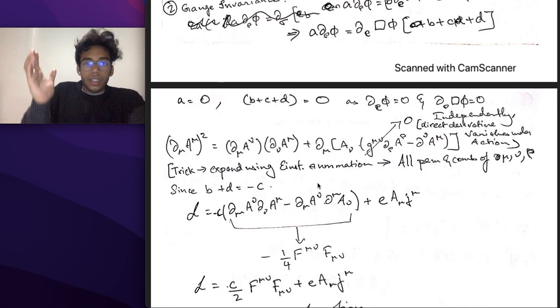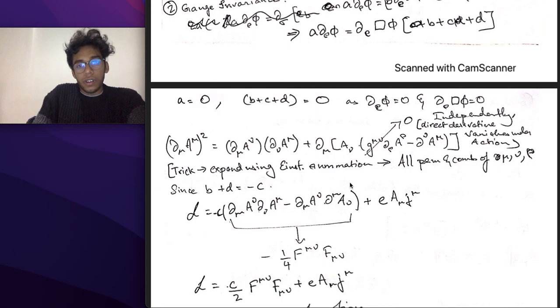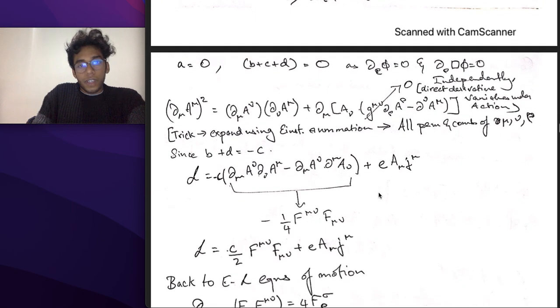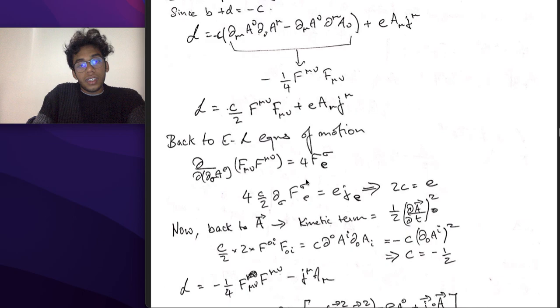You use your Einstein summation, or any trick that you have up your sleeve, to decompose that and make everything vanish, or make everything look like some f mu nu or some term like that.